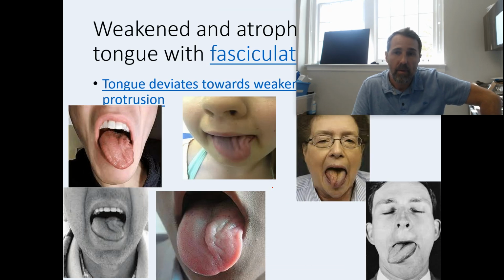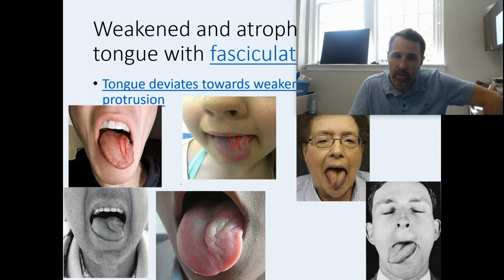And remember that the tongue is going to deviate. Well, when you're looking at the tongue, lower motor neuron issues are going to appear with the tongue because the tongue will be atrophied, so it will be shriveled up. So you'll see wrinkles on the side of the tongue. That indicates lower motor neuron issues.